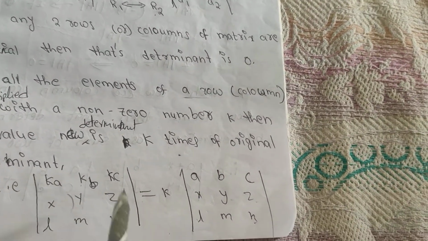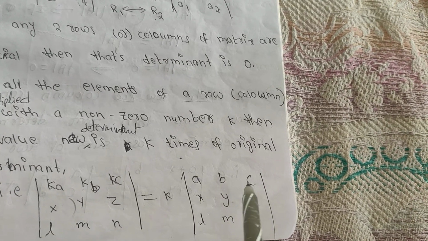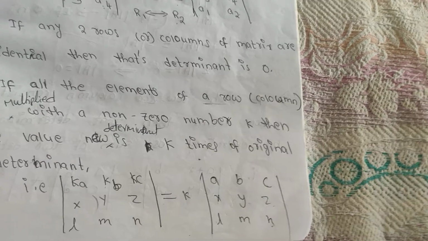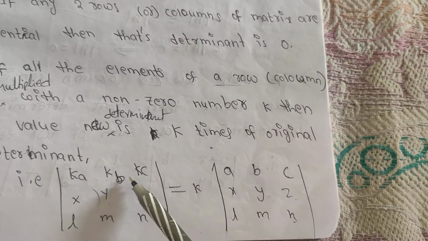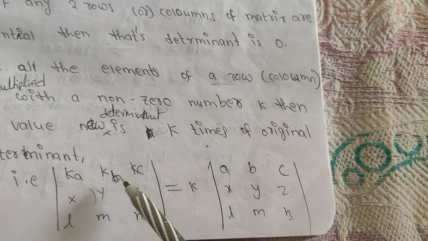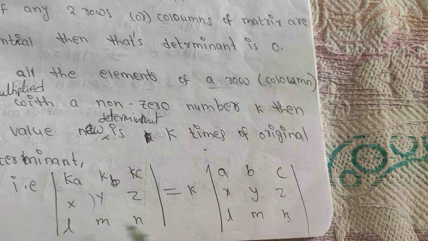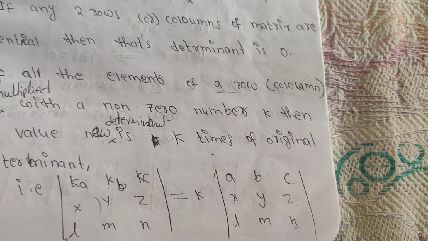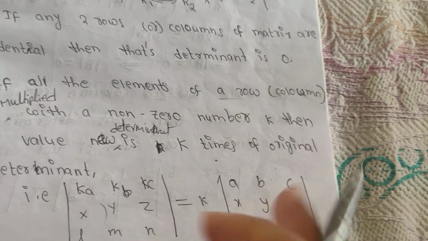Now this new determinant is nothing but k times the determinant a b c, x y z, l m n. That means the first row is multiplied by a constant non-zero number k, so this determinant is k times a b c, x y z, l m n. If you multiply some m to the second row, some n to the third row, how will it be?